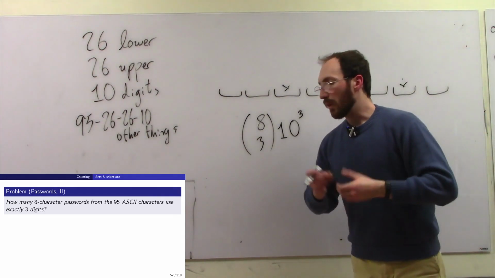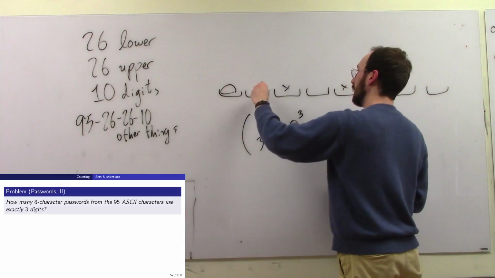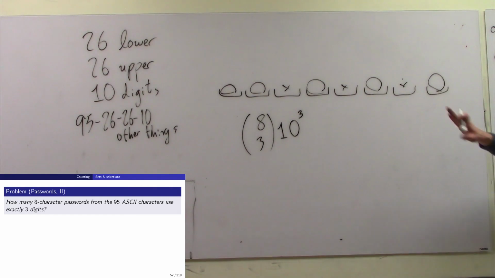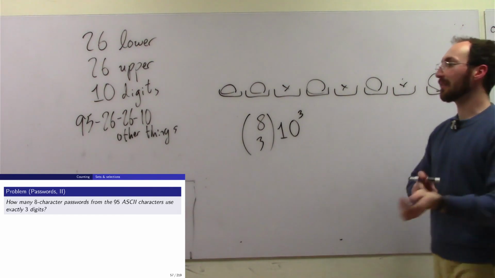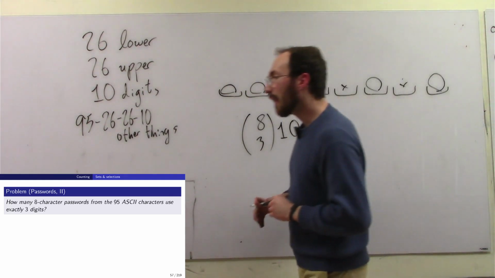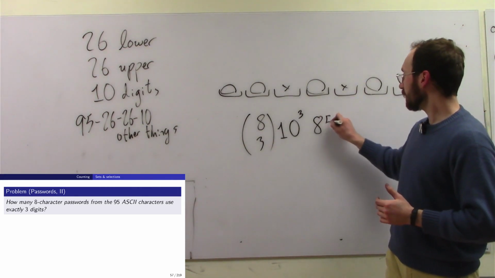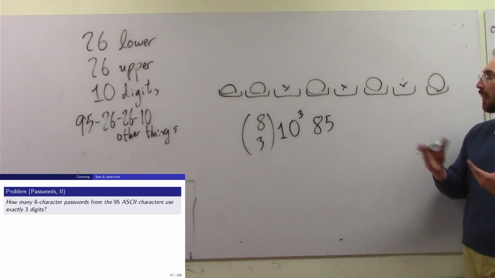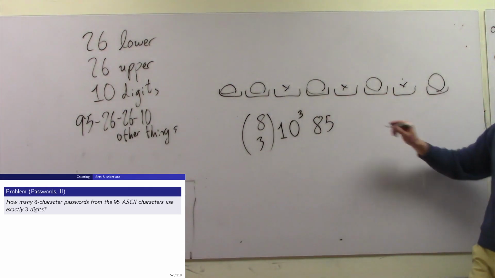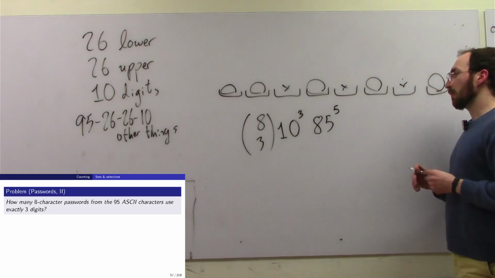Now we want it to be exactly 3 digits, so I can put whatever I want in these last spots so long as it's not one of my digits. And since ASCII has 95 characters, that means 85 characters are not digits. And there are 1, 2, 3, 4, 5 spots for me to decide where those go.